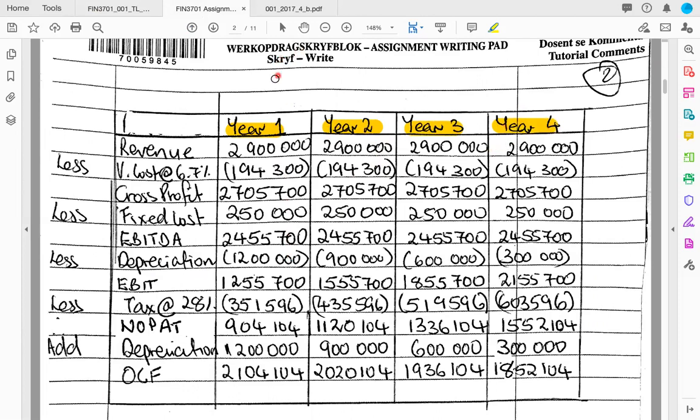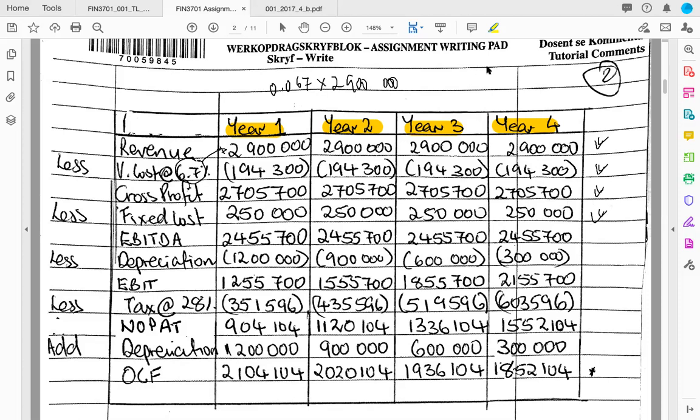And then what we need to do is just recreate the income statement to get the incremental operating cash flow. We just take our revenue and subtract our variable costs, which are 6.7% of the revenue, which is just 0.067 times 2.9 million, right? Revenue minus the variable costs gives us the gross profit.